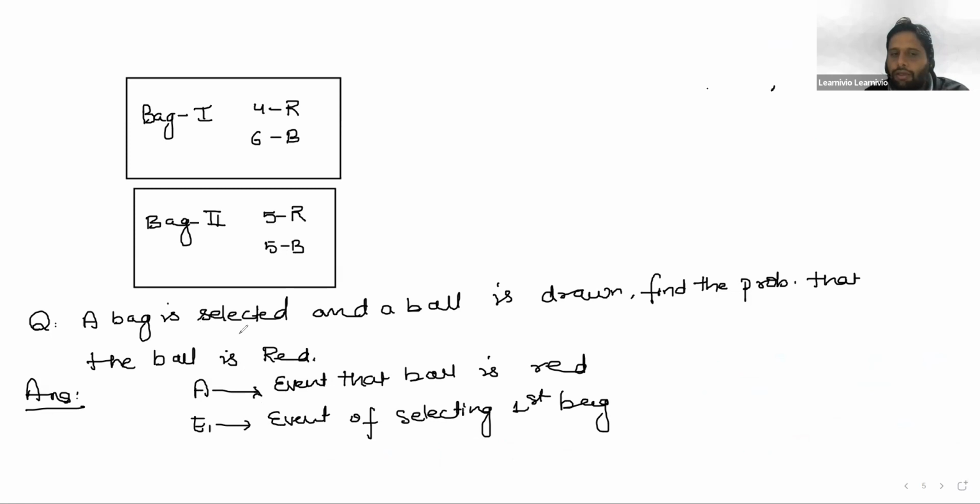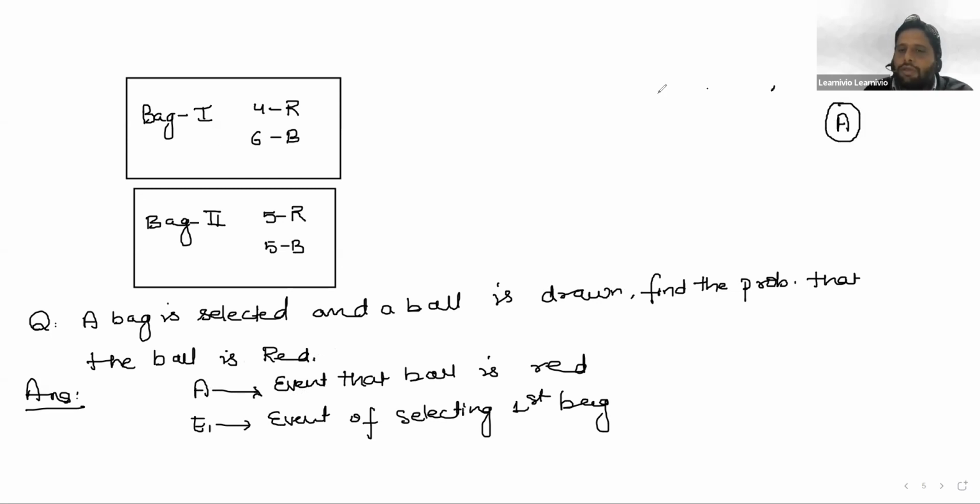You have selected a bag, and from the bag you have drawn a ball. We need to find the probability that the ball is red. First thing, just check in the question what you need to find. Here you need to find the probability that the ball is red. So that's why we will take that event as A. A is the event that the ball is red.